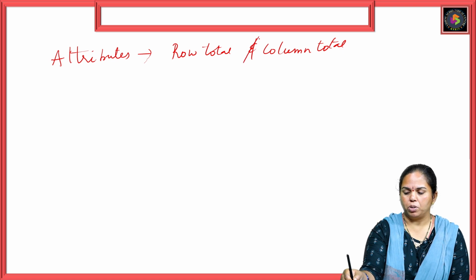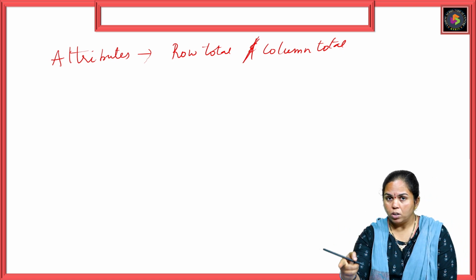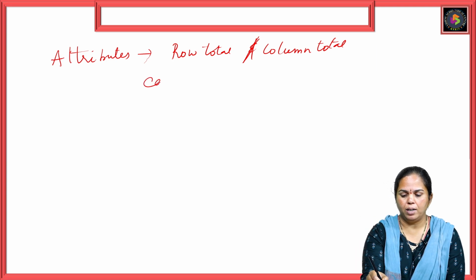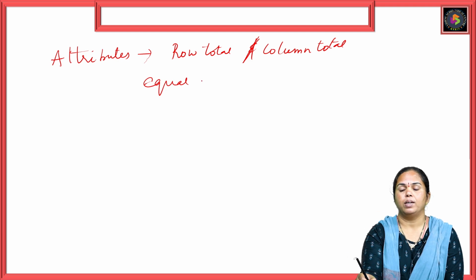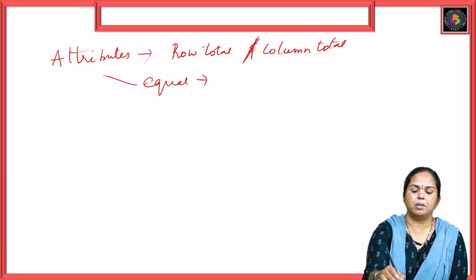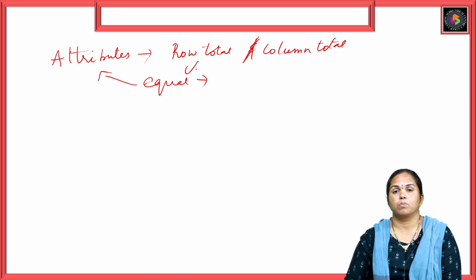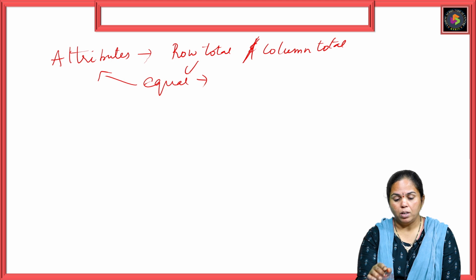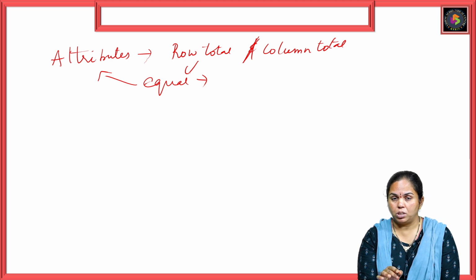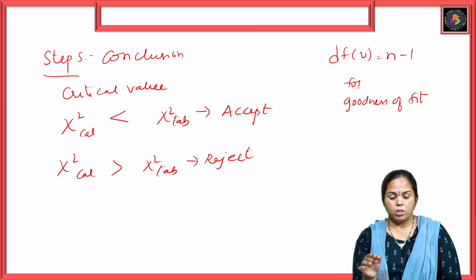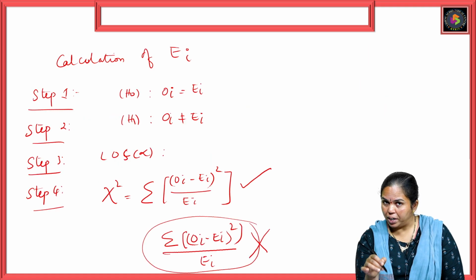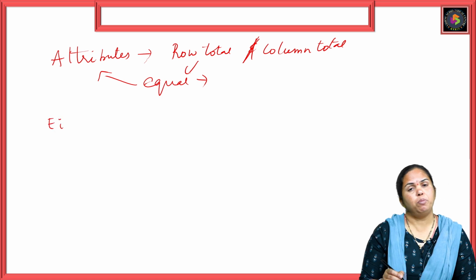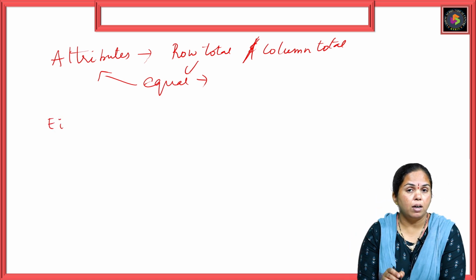If the row totals and column totals are equal, then it's a problem of attributes. So the procedure is one and the same, but calculation of expected frequency will be easier in attributes.